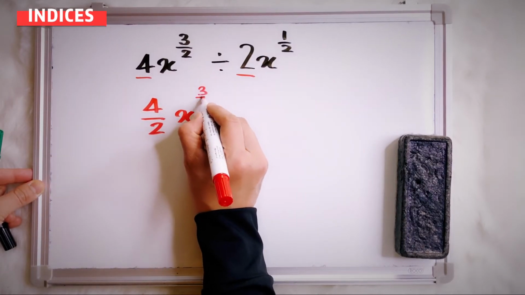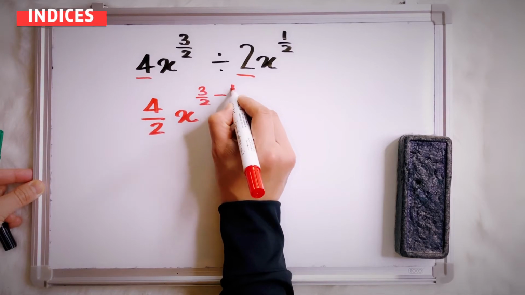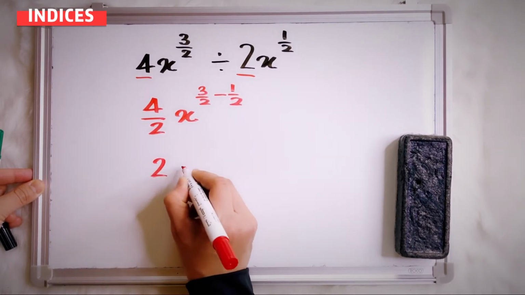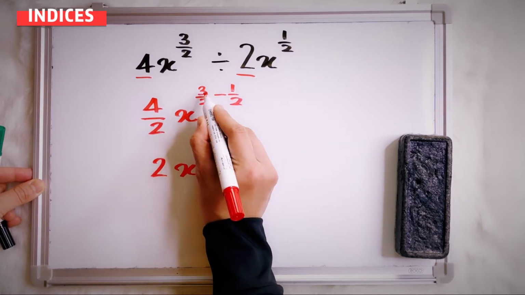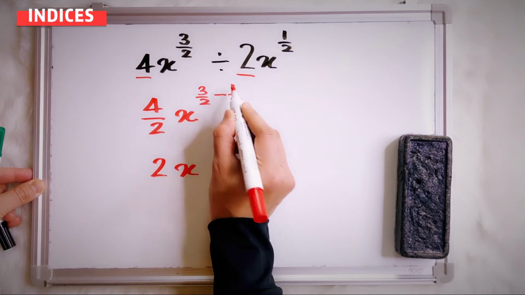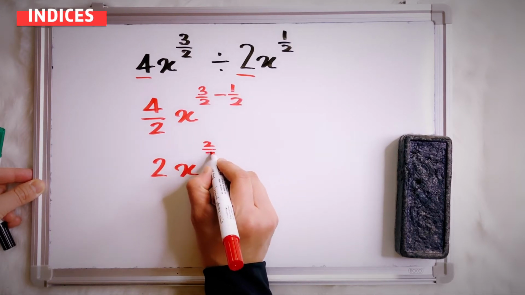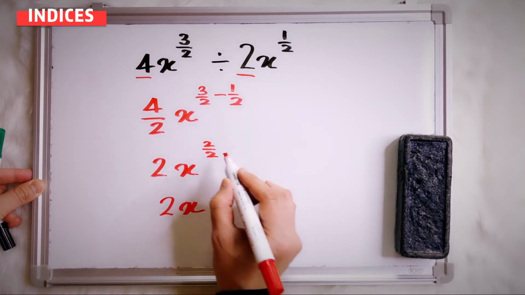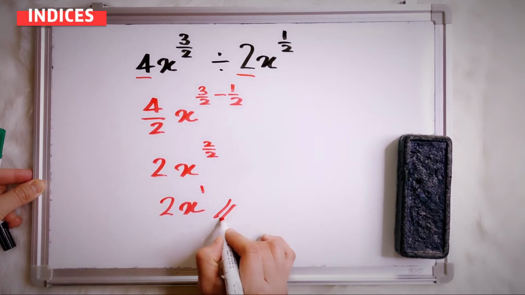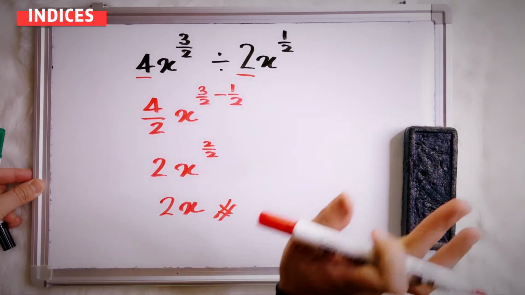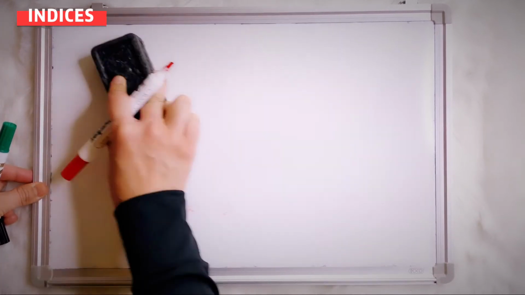So 3 over 2 minus 1 over 2. So 4 divided by 2 means 2x. So here 3, because here same, right, the bottom part. So 3 minus 1 is 2 over 2. That means your answer is 2x power of 1. Okay, if you don't want to put 1 also, it's okay.